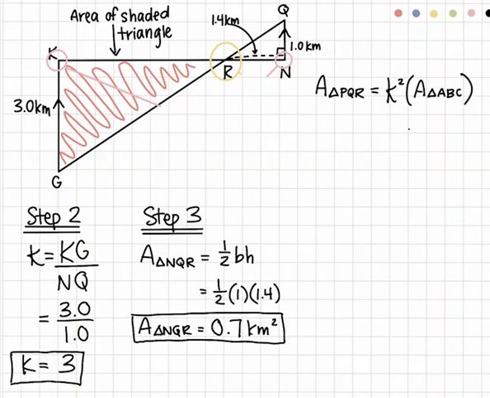Okay, so let me see if I can draw this for you. So triangle ABC is similar to triangle PQR. That's why we can do this. So I want you to picture that triangle ABC is, in this situation, the small triangle that we have the area for, right?